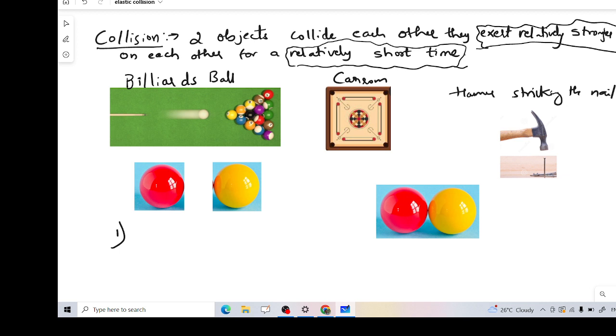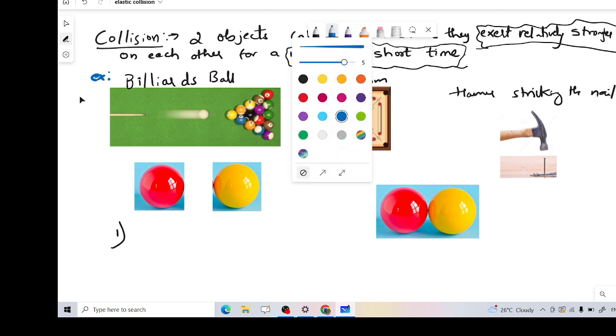Another example is the carom board, where the carom coins hit one another, and here also the sharing of forces occurs. Another one is a hammer striking a nail. So these are the three main examples of collision.